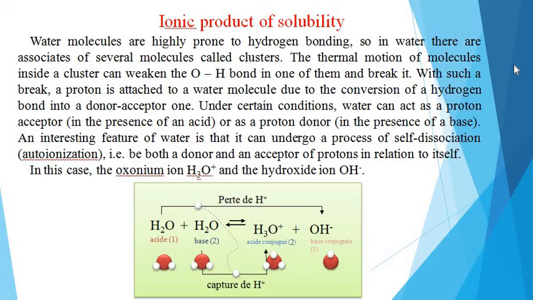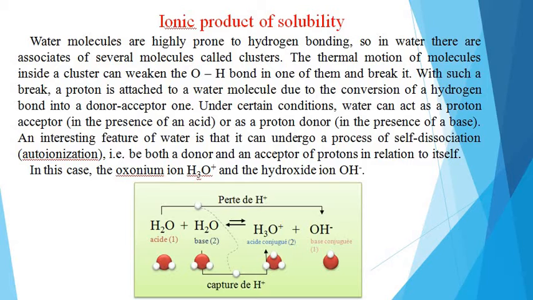With such a break, a proton is attached to a water molecule due to the conversion of the hydrogen bond into a donor-acceptor one. Under certain conditions, water can act as a proton acceptor in the presence of an acid, or as proton donor in the presence of base.